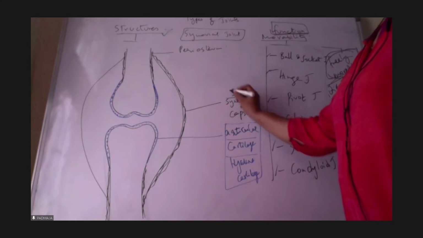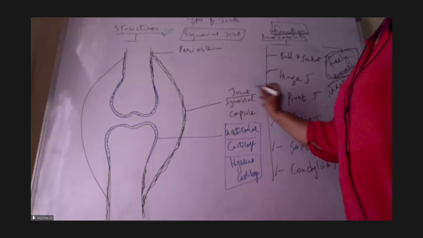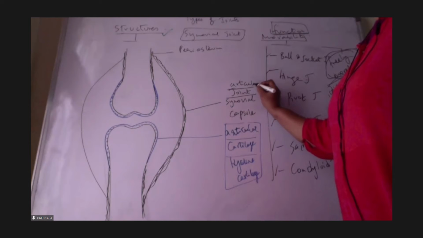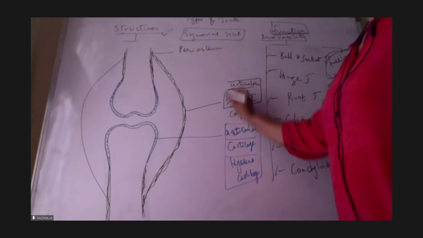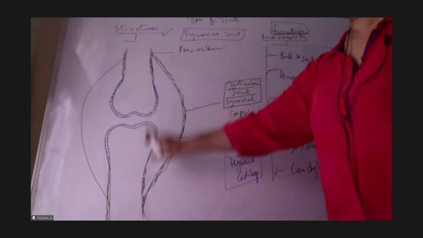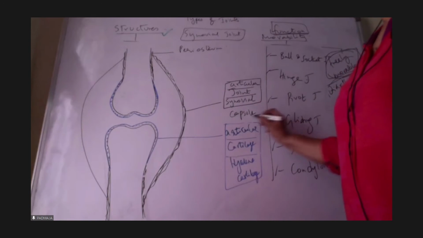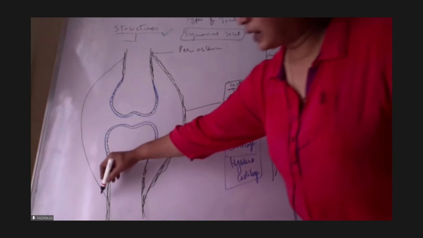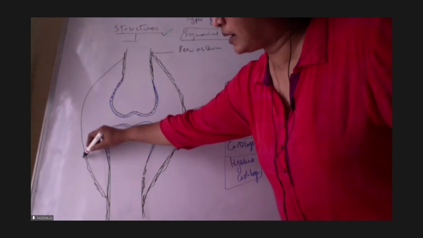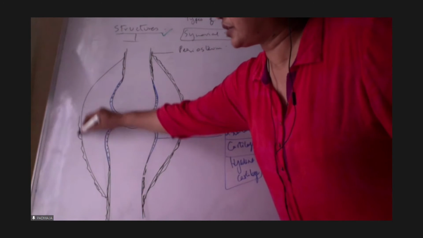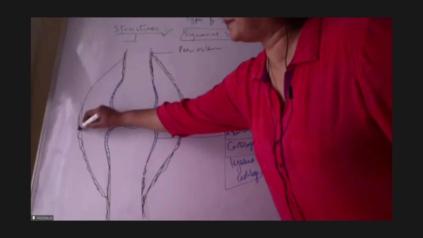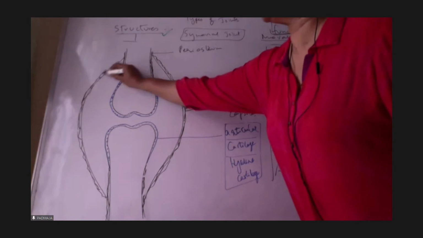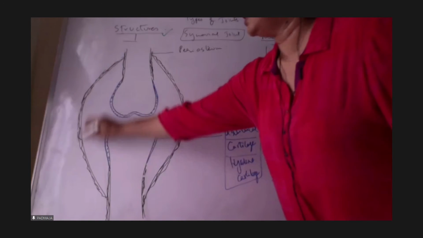Joint capsule or articular capsule, anything you can call, all have the same meaning. Articular capsule, joint capsule, or synovial capsule is nothing but a dense irregular connective tissue sheath extending from one periosteum to another periosteum near the joint.